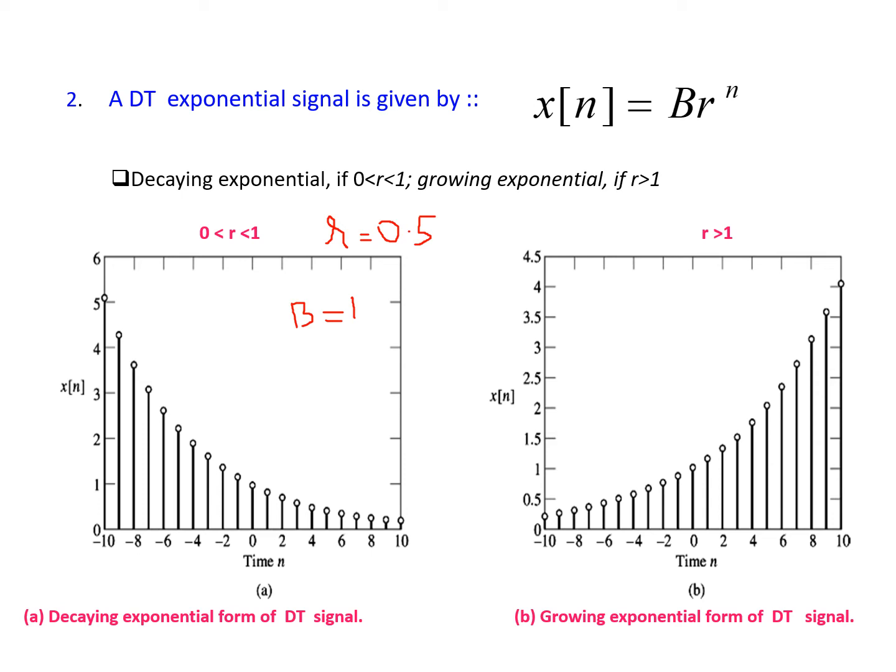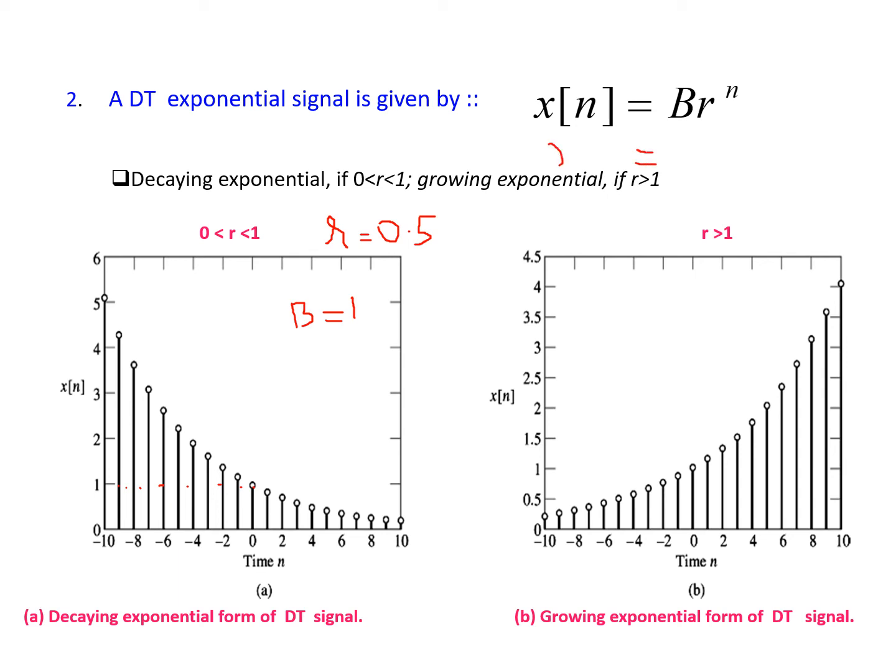Now go on putting the value of n, with b equal to 1 and r equal to 0.5. Suppose you put n is equal to 0. What is x at 0? Putting n is equal to 0, you can see it is equal to 1 according to the graph.